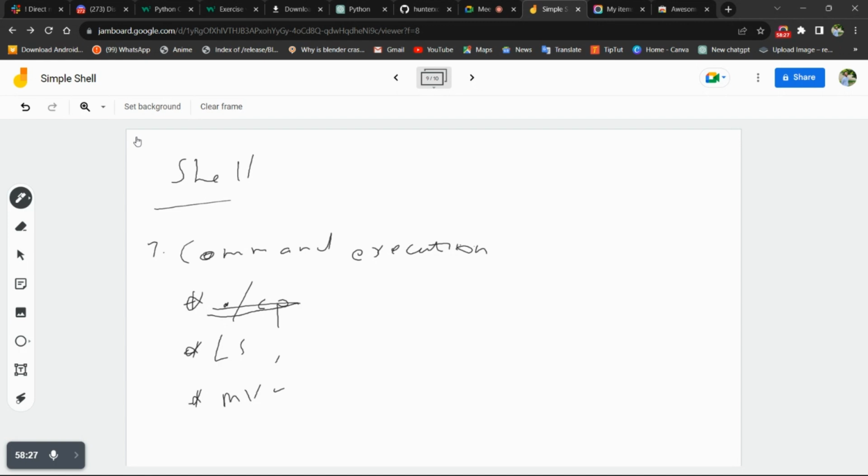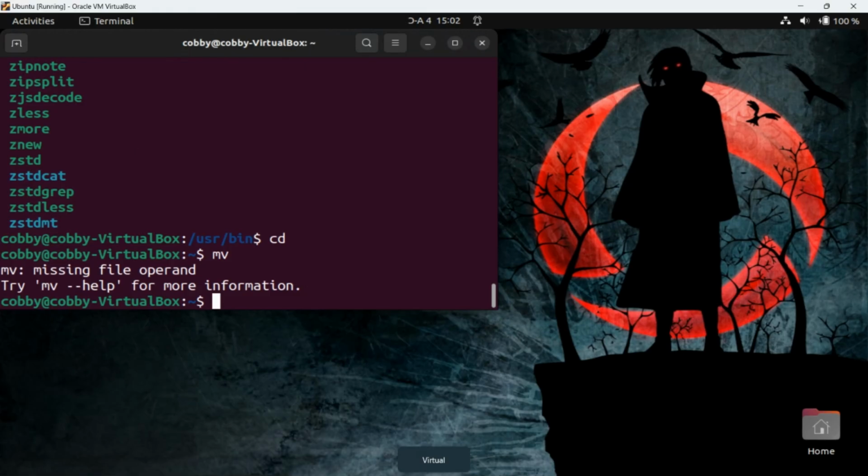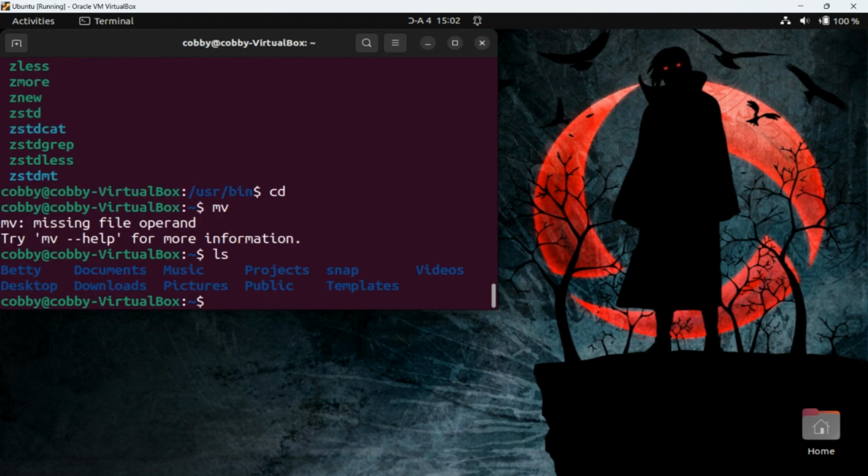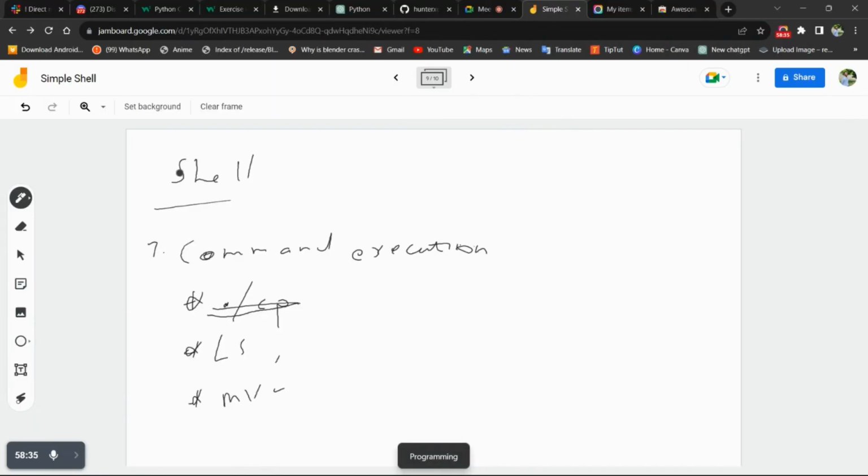So whenever you enter ls, this is what happens. The shell serves as a computer operator. Let's say the shell comes to you, citizen, and asks, what do you want to do? And you say, I want to list the files in my current directory. Then the shell goes back to the operating system and looks through the path.